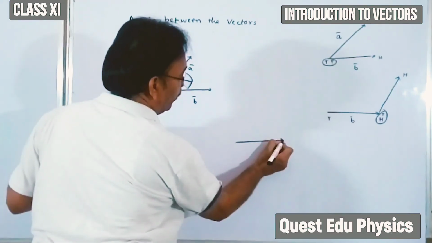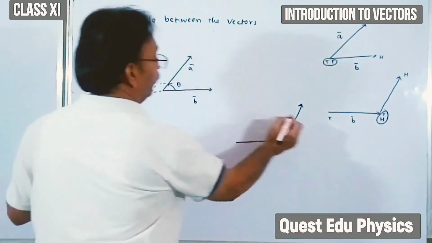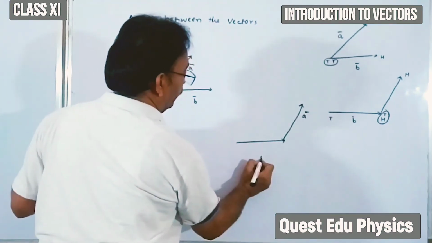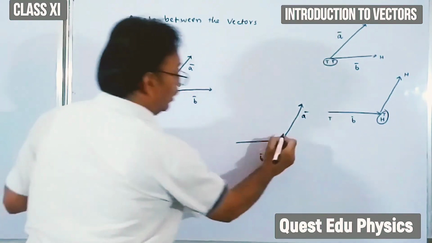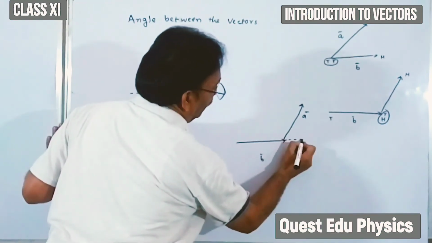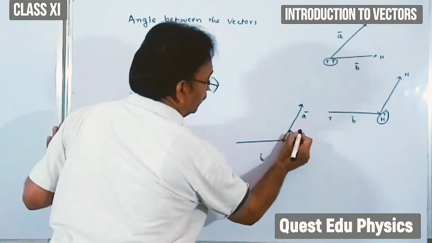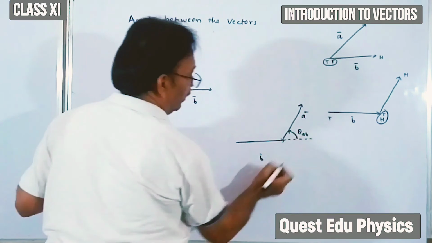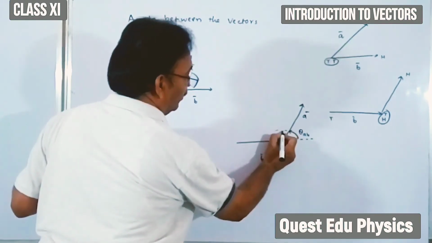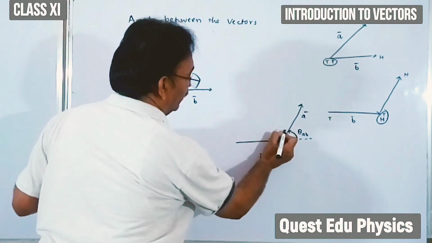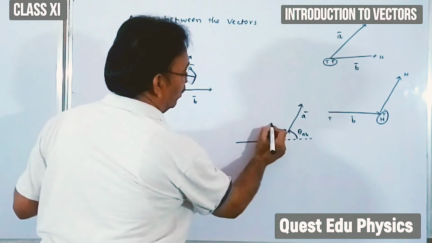The same thing I am drawing here. I said this is the A vector and this is the B vector, in a head to tail arrangement. Here it looks like it is the angle between the two vectors, theta of AB, but it is not.